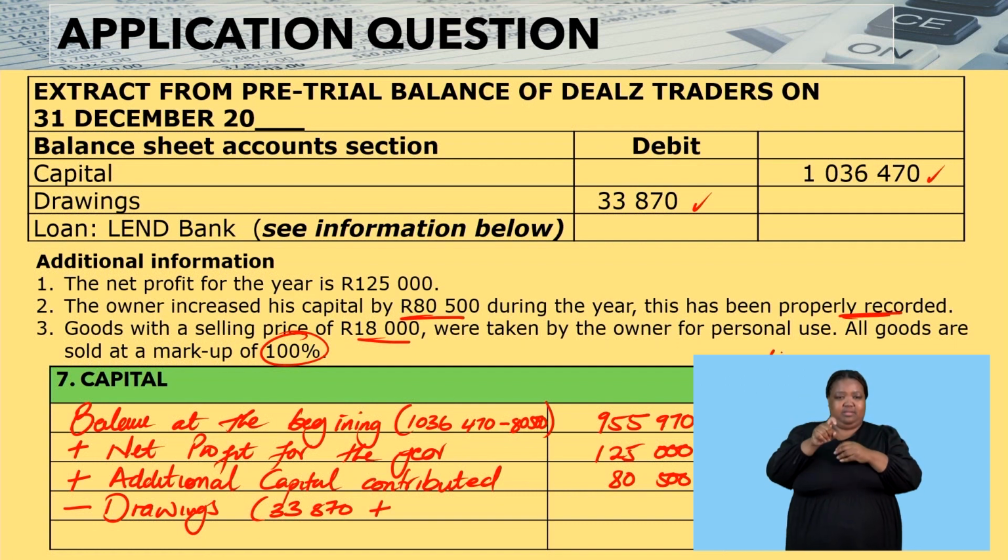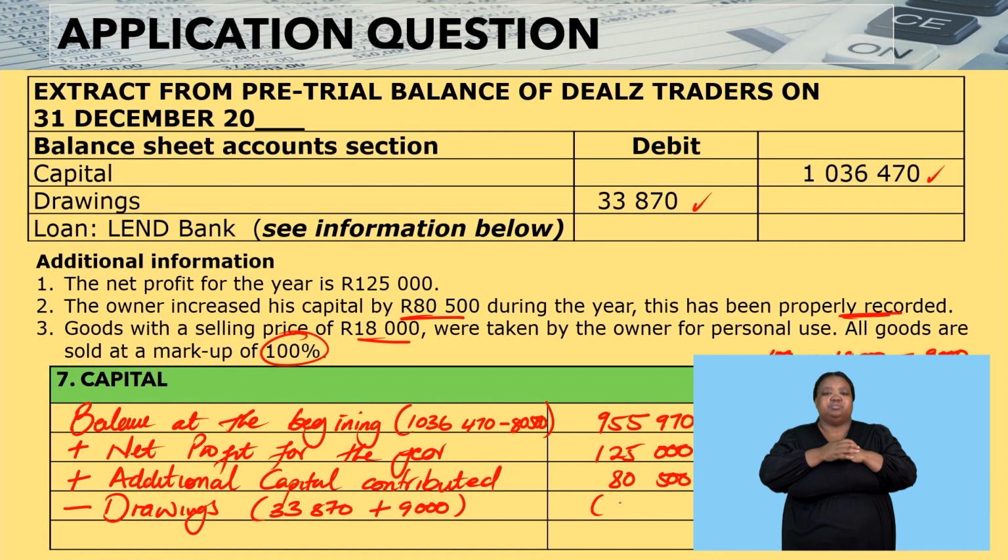So I need to get the cost, which is 100 over 200, multiplied by 18,000. That will give me 9,000. This is the cost of the goods that were taken for personal use. So I'll say plus 9,000. That becomes my drawings, and I'll end up now with 42,870. I'm subtracting that amount.